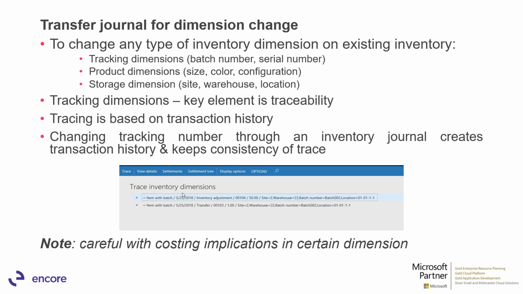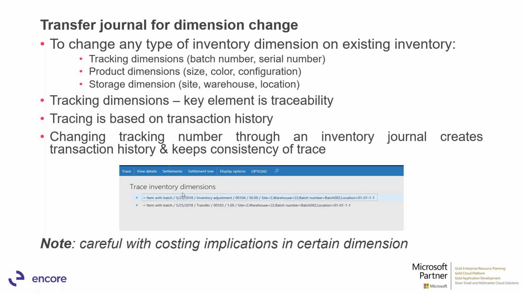And that doesn't just mean storage dimensions, that means tracking dimensions, which is batch and serial numbers, and product dimensions as well, color, size, configuration. All inventory dimension values in this system are created with the need of precise tracing options, right? Let's not forget that this is a system where the traceability satisfies the requirements of the pharmaceutical industry, right? So that means it's very sophisticated and also very strict.